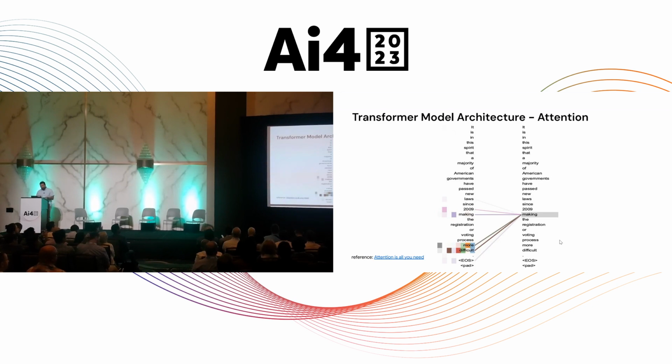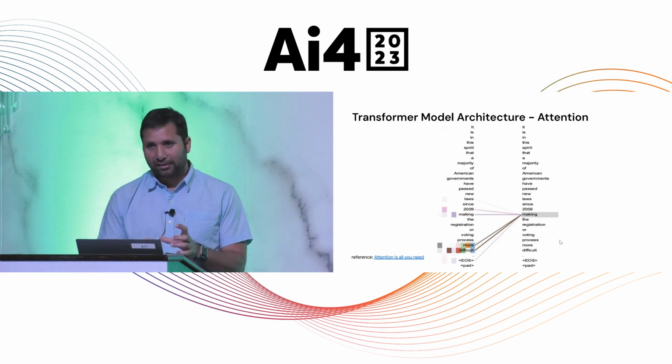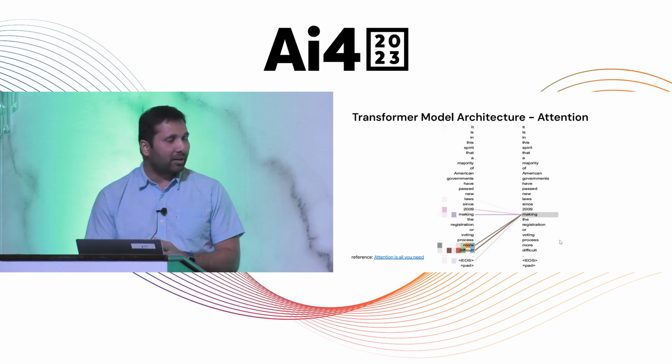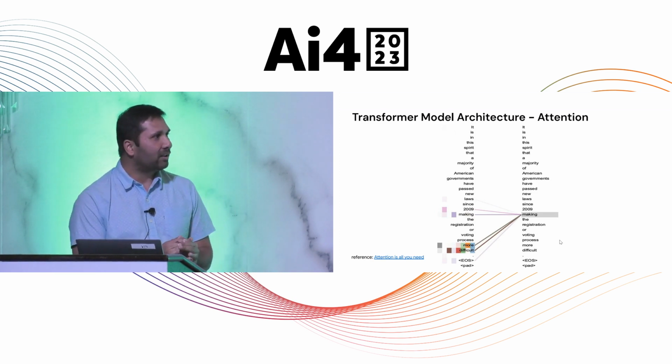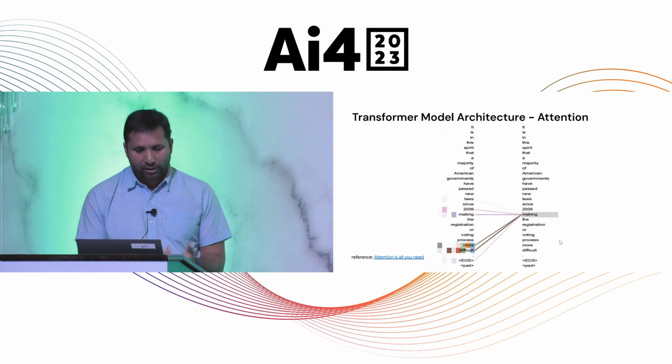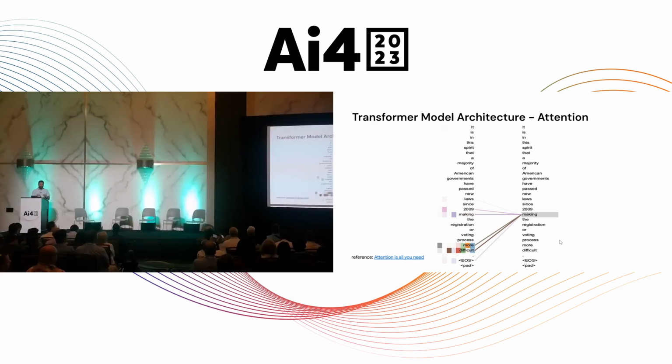The mechanism that the encoder and the decoder both have in common is called the attention mechanism. A very high level definition of attention is that, through self attention or attention, the model tries to learn the important words that are associated with certain words among all the words in the given text.